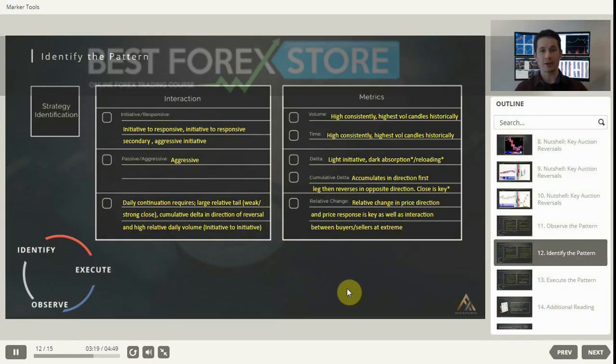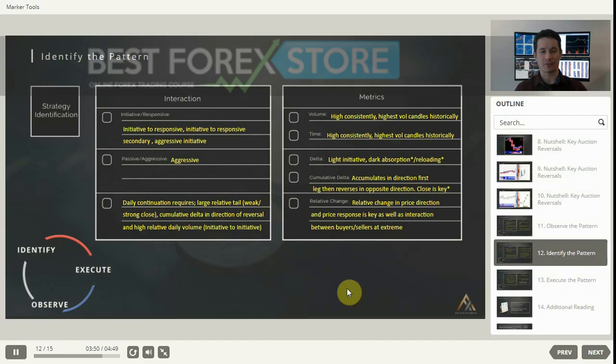Now, in terms of reloading, there's a slight difference between absorption and reloading. Reloading technically comes from the price ladder or the depth of the market, and reloading simply means one order being reloaded. So on the ladder, you would see someone had a 100 lot contract, and as someone begins selling into that 100 lot bid, ultimately the buyer reloads it back up to 100 and constantly reloads it, getting a fill of ultimately their long position.